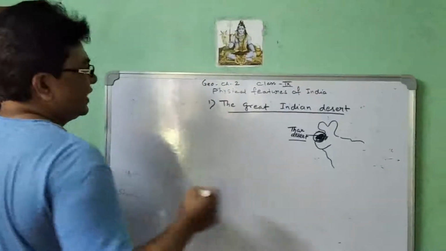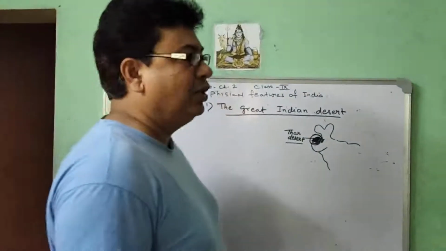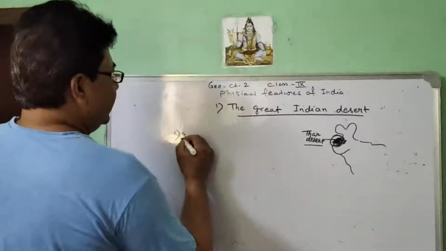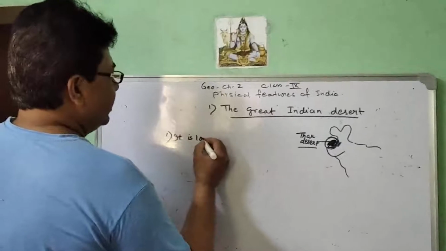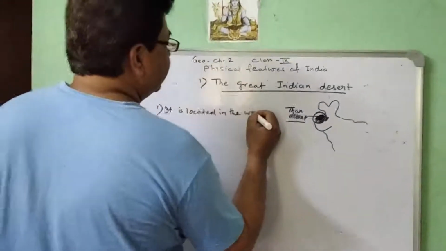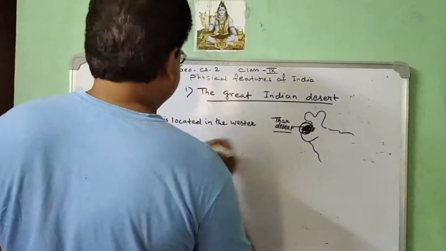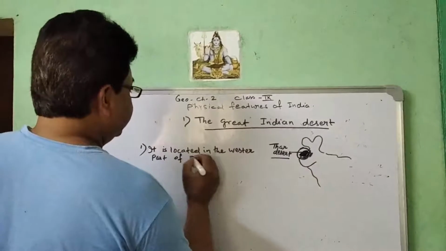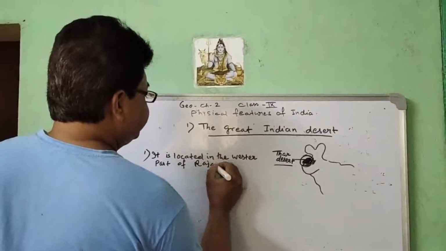You can write this point also. Number 1, it is located in the western part of Rajasthan.